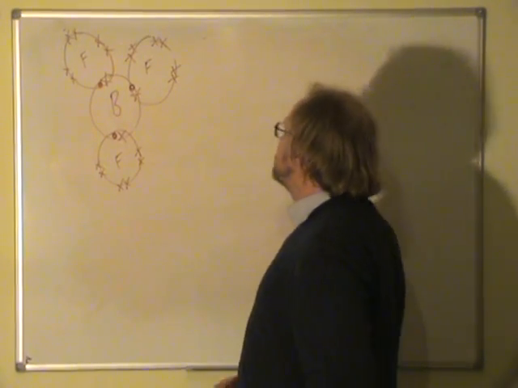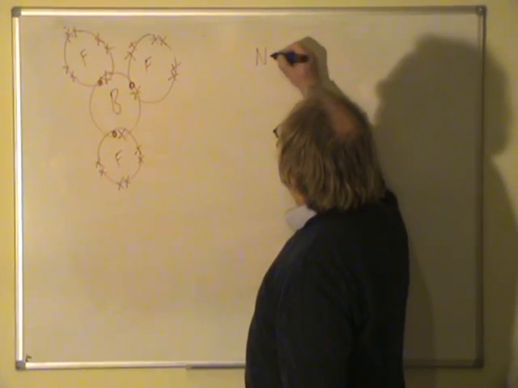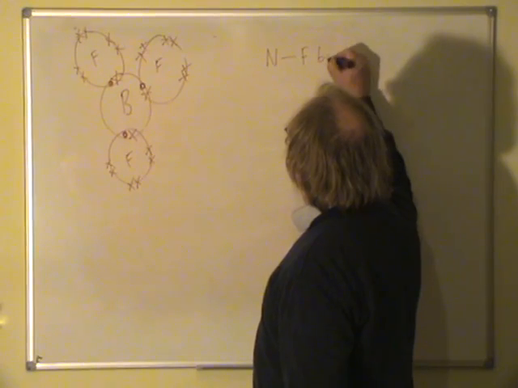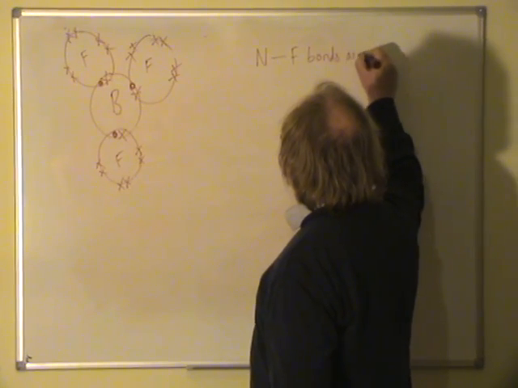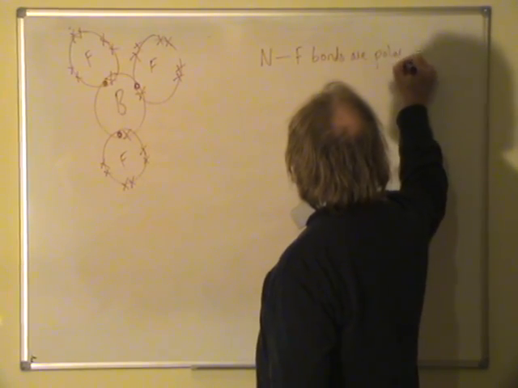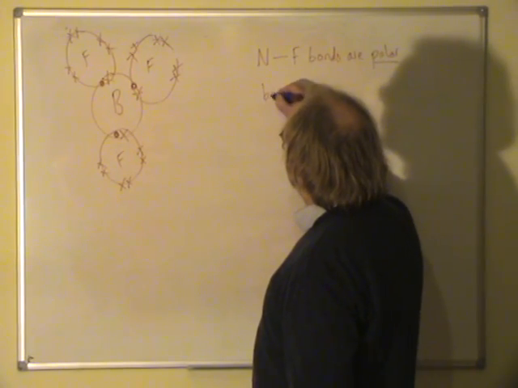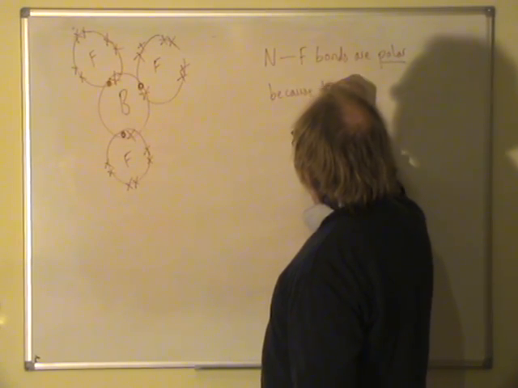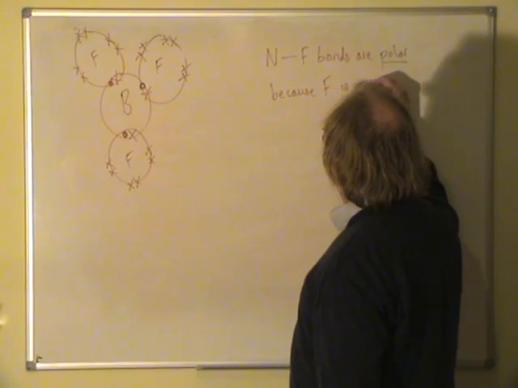Okay, so to get the first mark, you had to explain that the NF bonds are polar because fluorine is more electronegative than nitrogen.